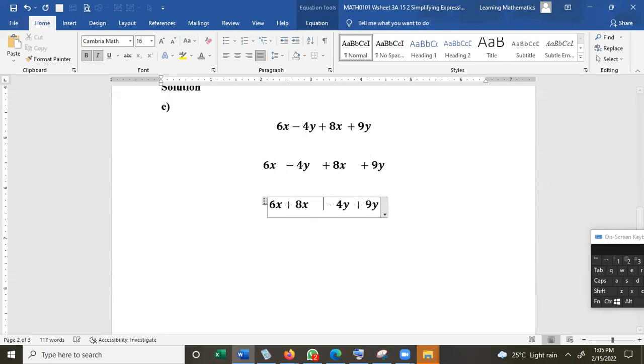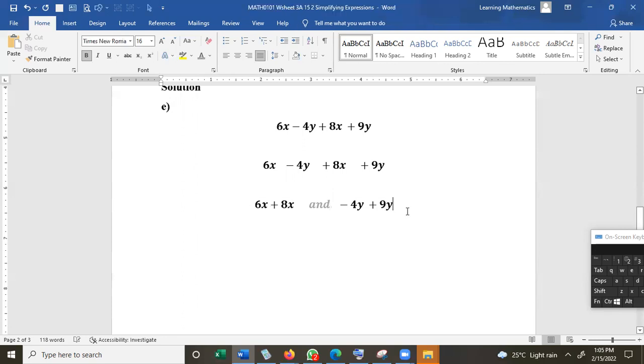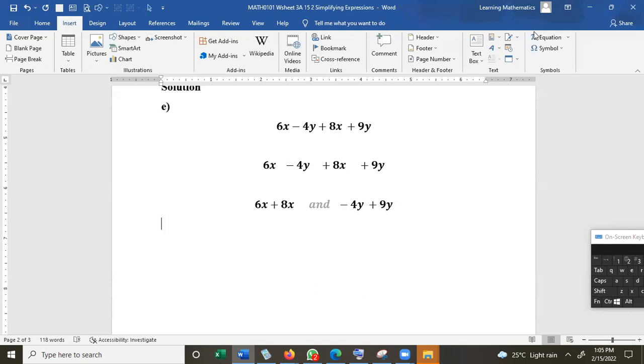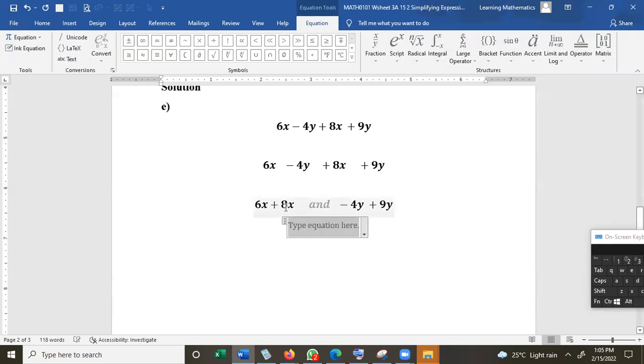Okay, so we have 6x plus 8x. If you want, you can put your little hand here. It's up to you. 6x plus 8x and minus 4y plus 9y. They are like terms. Once the terms are like, you can add and subtract the coefficients. The combination of letters and exponents does not change.